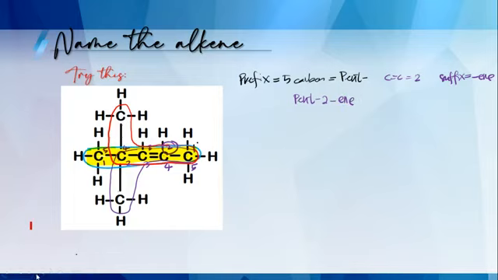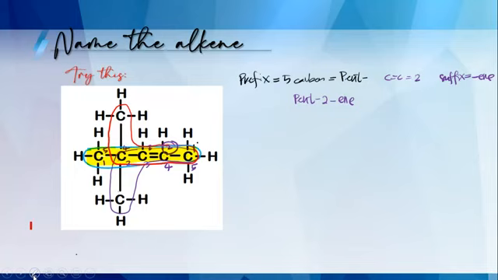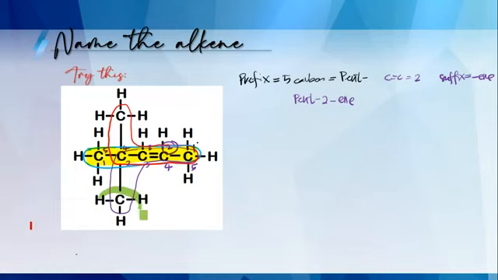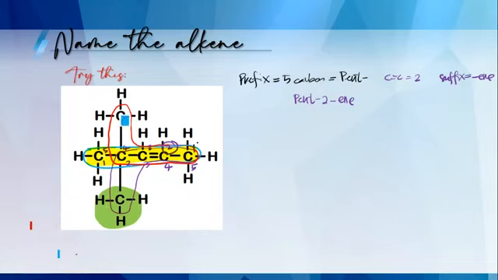The next step is to identify the substituents. I'm going to use the highlighter again. We have 2 substituent groups, this one and this one, so it's good that we can use a different color. Let's use blue. We have 2 substituent groups over here, but they are the same. Both are methyl groups.